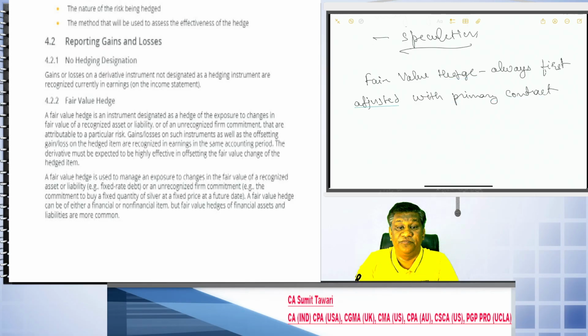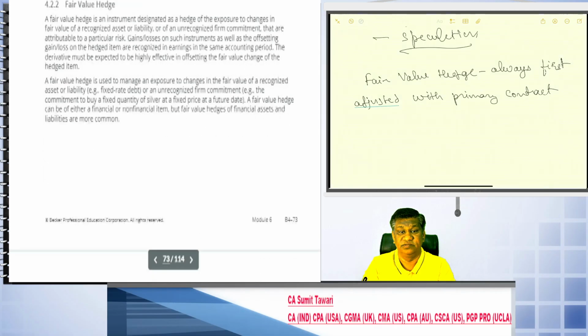Say I have a fixed quantity of silver, and I want to protect against losses. Whatever may be the actual selling and buying of the silver, and whatever the fair value hedge valuation changes are, I need to knock those off. This way we need to do the accounting for the fair value hedge.